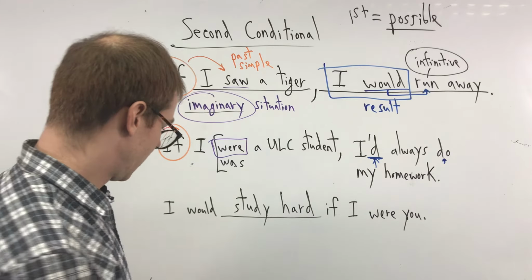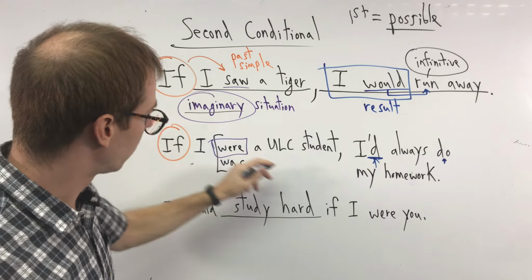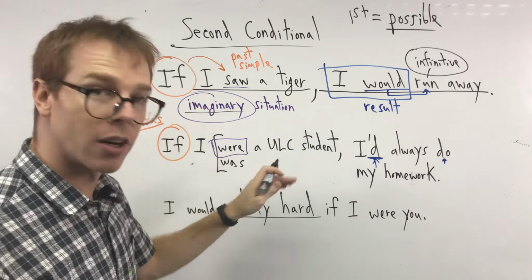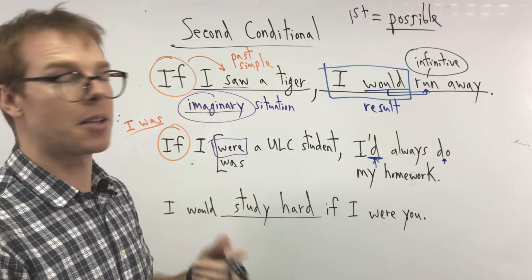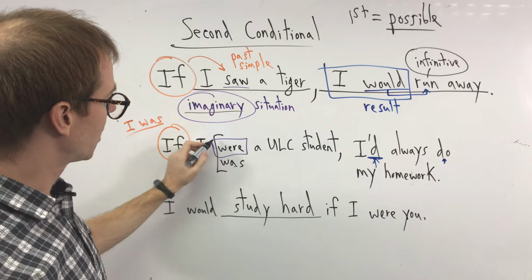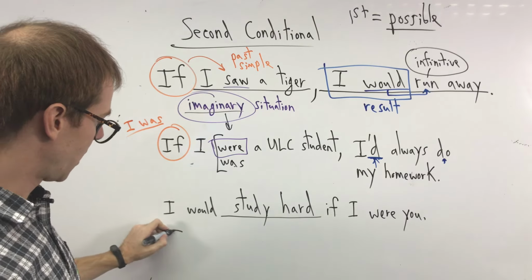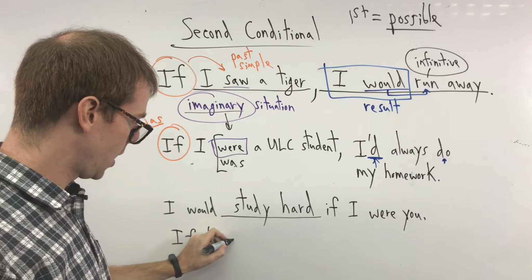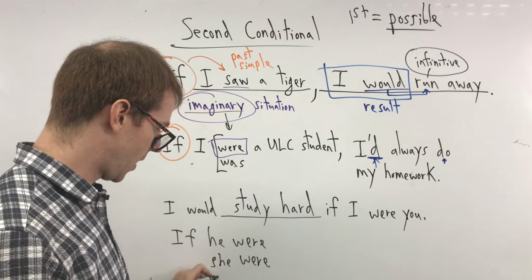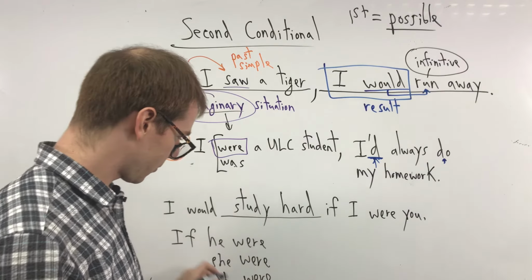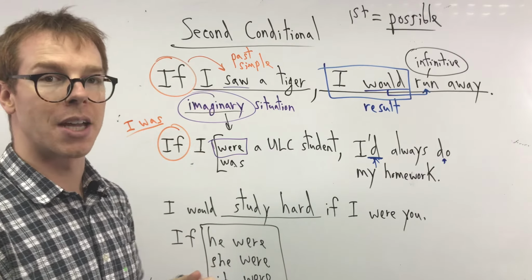If I were, if he were, if she were. She was, he was, it was, I was. But because it's an imaginary situation, it's okay. I could say if he were, if she were, if it were. All of these are all right because it's imaginary.